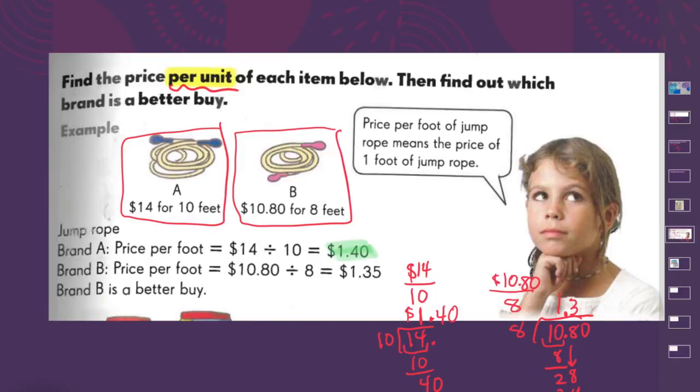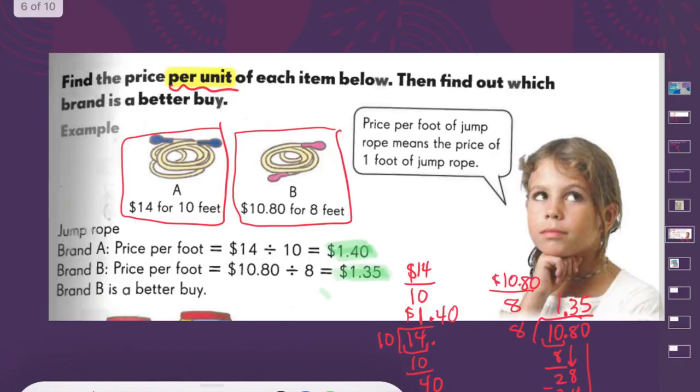And 3 times 8 is 24. So now we have 4 tenths left over to combine with our 0 hundredths. So now we have 40 hundredths. And 40 hundredths divided into 8 equal groups gives us 5 in each group. And I can't write below that, but there's nothing left over. So the price per foot when you spend $10.80 per 8 feet is $1.35.